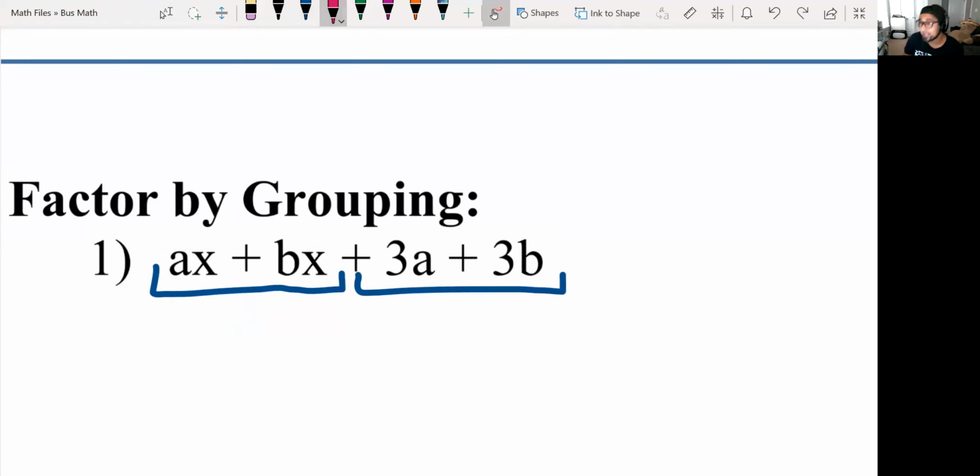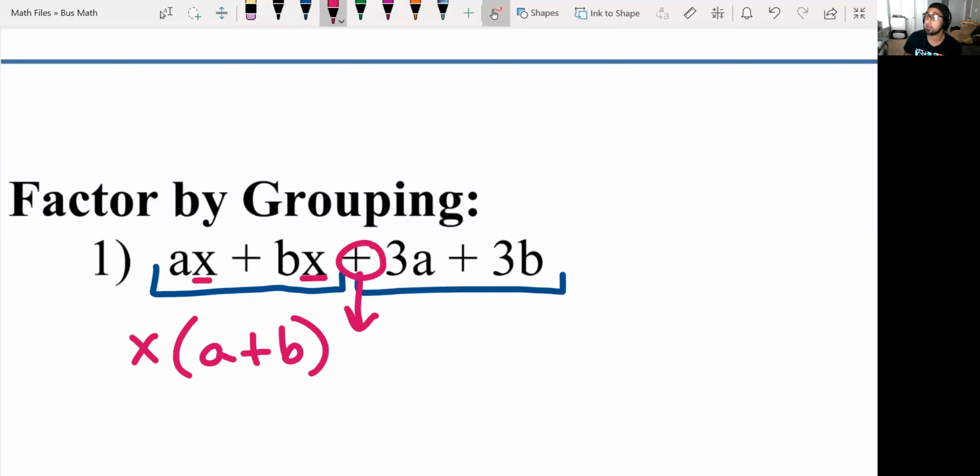What is the greatest common factor in ax, bx? There's an x there, there's an x there, which means we can factor out an x. And that'll leave me with a plus b. Now, very important, this sign must always come down, right? So we'll put a plus there.